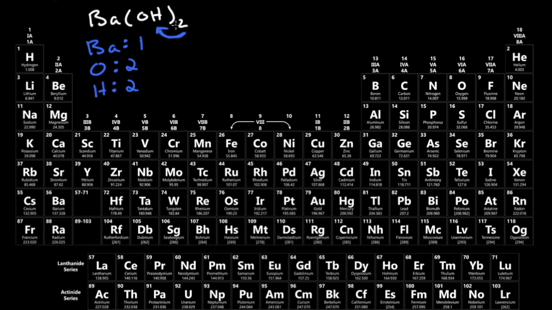And so to get the molar mass of this, we would do something like this. We would say, okay, we got 1 Ba, and Ba on the periodic table is going to be right over here. And so that's going to be 137. So we'll do 1 times 137. And then we'll add that to the oxygen. The oxygen is right here. We have 2 of those.